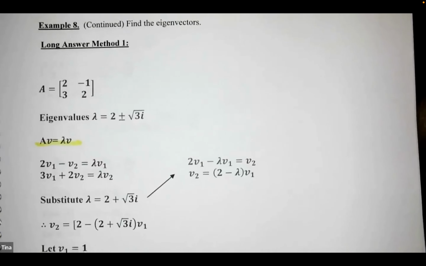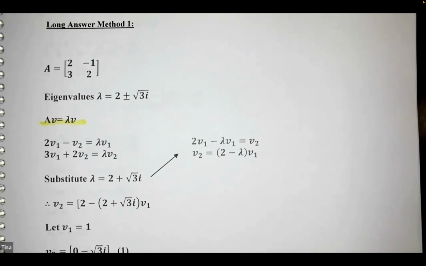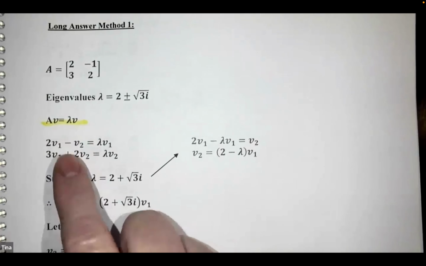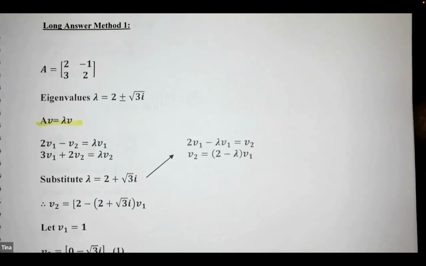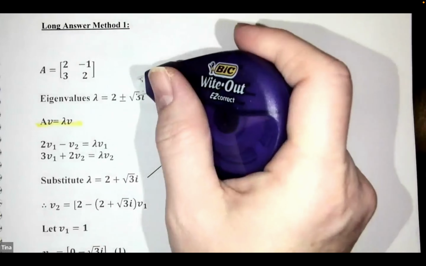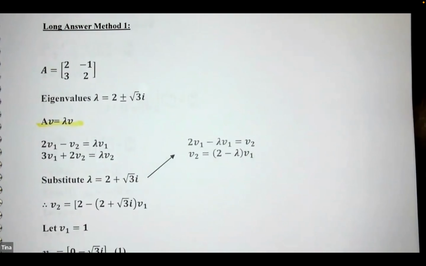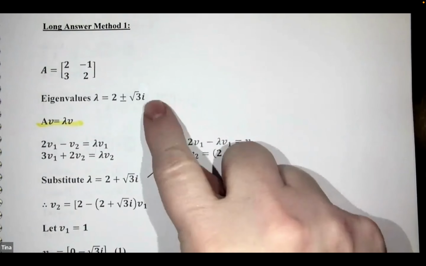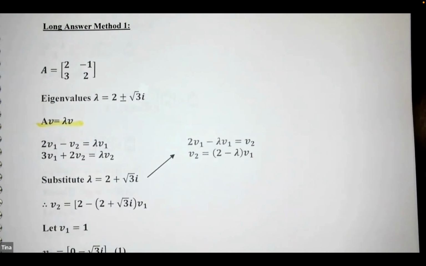So when you have i's involved, roots of negative numbers to get your i, usually this one's a little bit faster. I don't like how that i looks like it's under the root. I think that's just in the equation editor. So it's like root 3 times i. Just make sure you know that it's not under the root, okay?